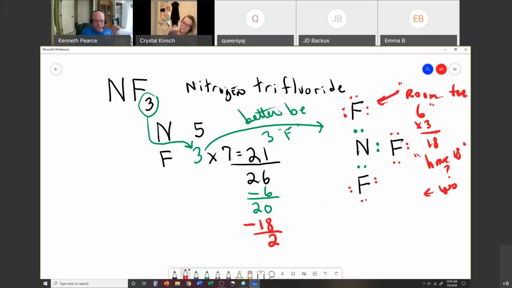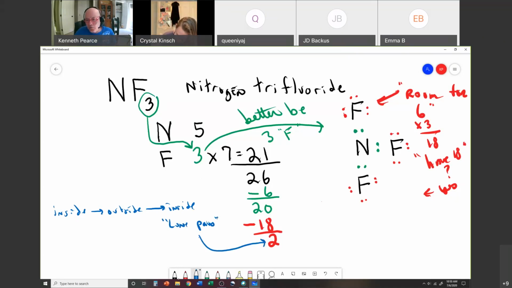Well, so what did we do? We went inside to make our bonds, right? Then we went outside to put the electrons down. Now we're going to go back inside as lone pairs. So any extras you have go back in as lone pairs.